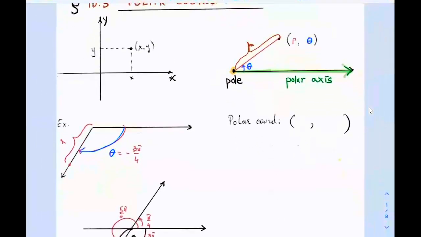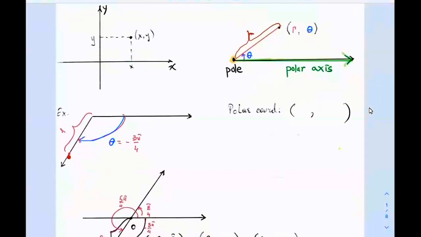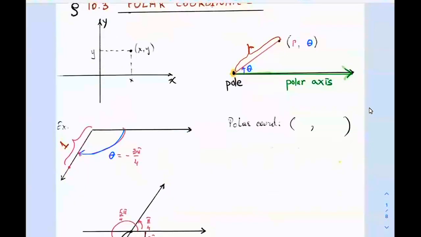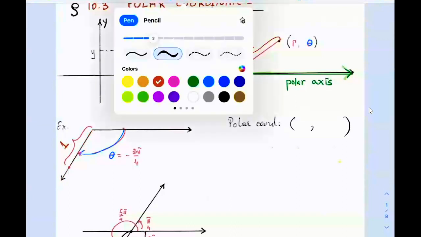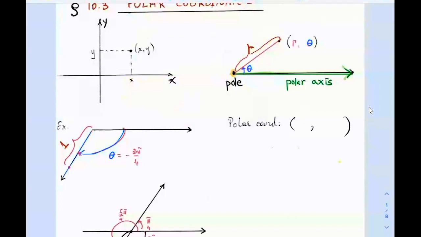For example, take this point over here. From the pole to this point, the distance is 1. This is the polar axis. The ray from the pole to this point forms an angle theta with the polar axis.